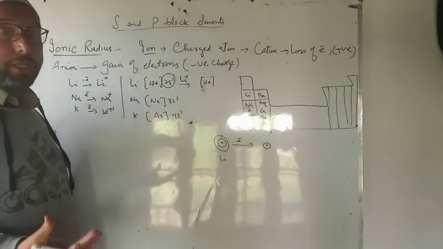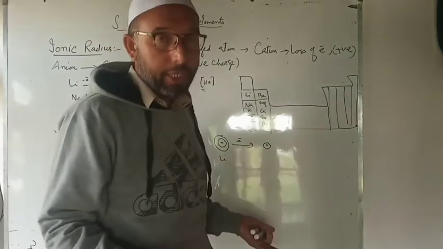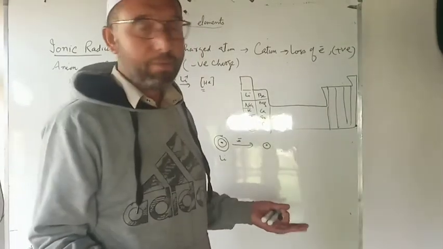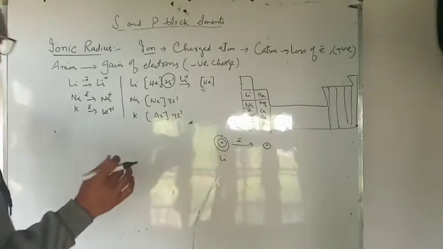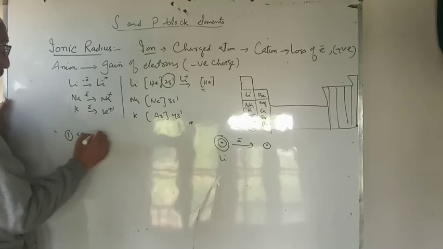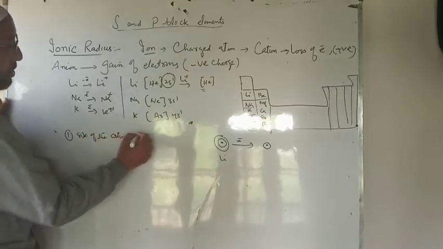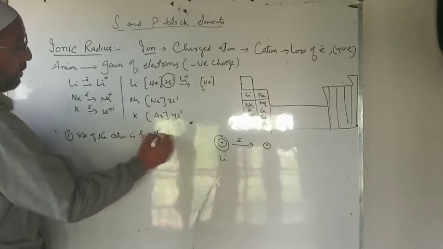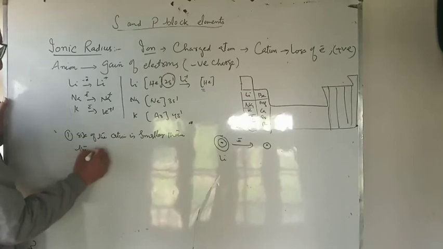Now when there are two shells in the atom and only one shell in the ion, naturally the size of the ion will decrease as compared to that of the atom. So one thing which you have noted here is that the size of the cation is smaller than the size of the anion.